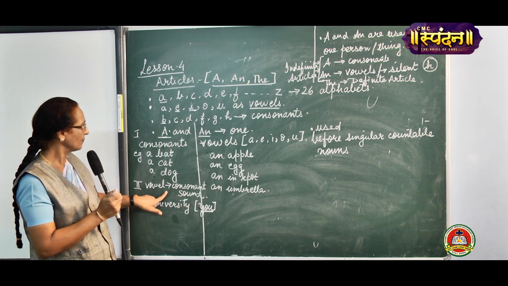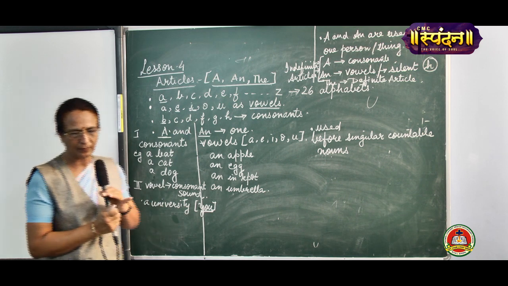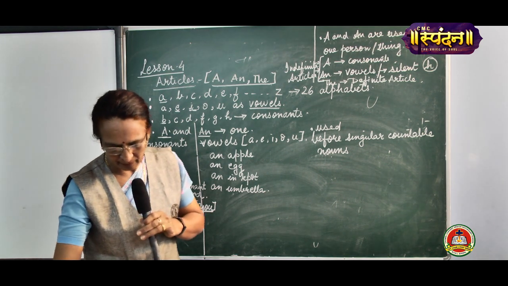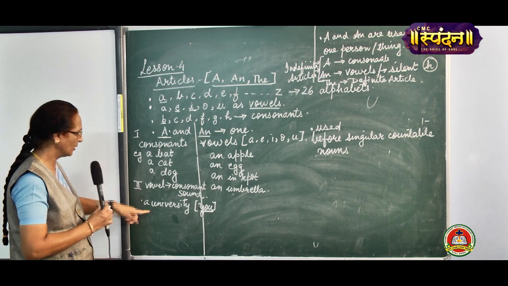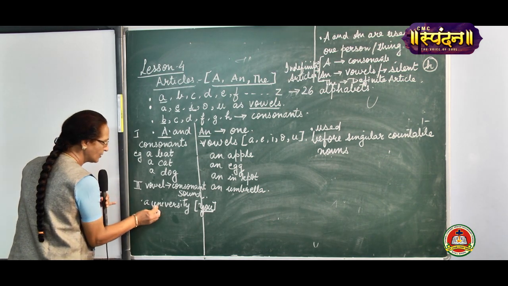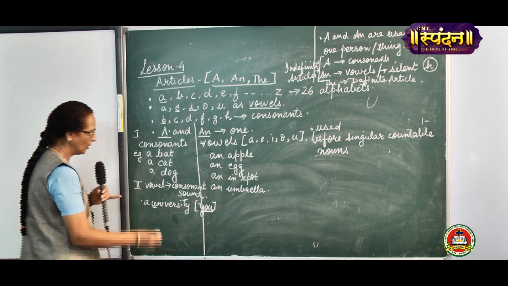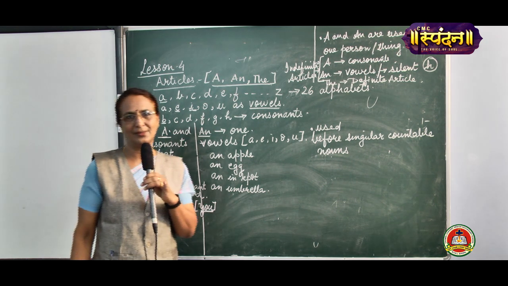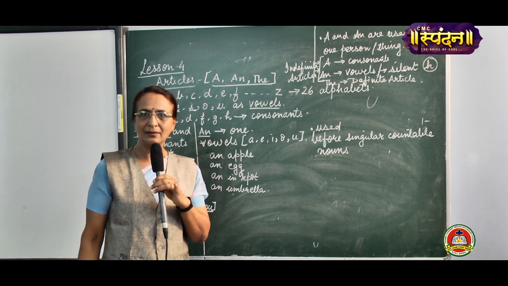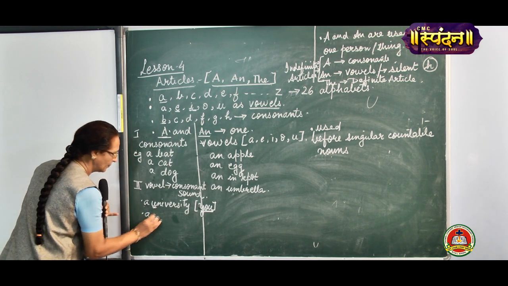U is, though a vowel, but the sound is you. We will not write an university, we will write a university. Is that clear? There is another word, a European.